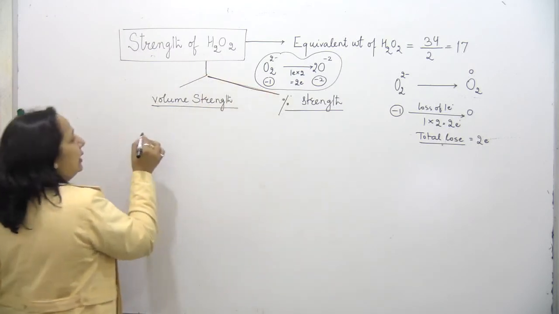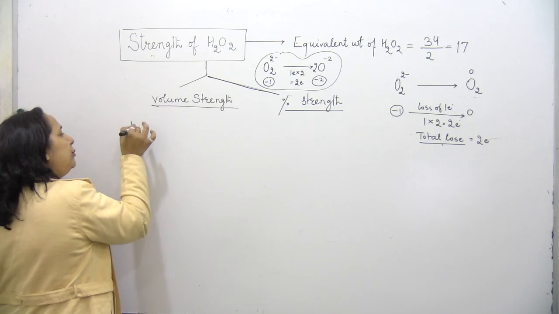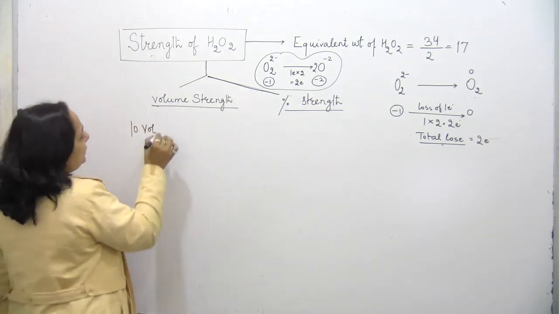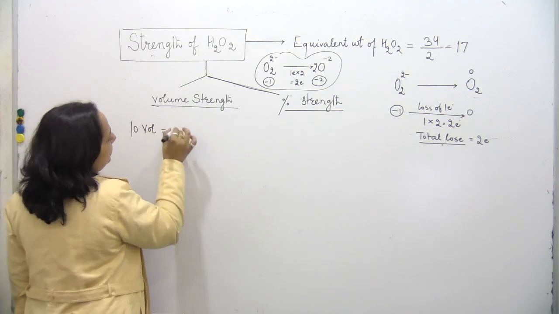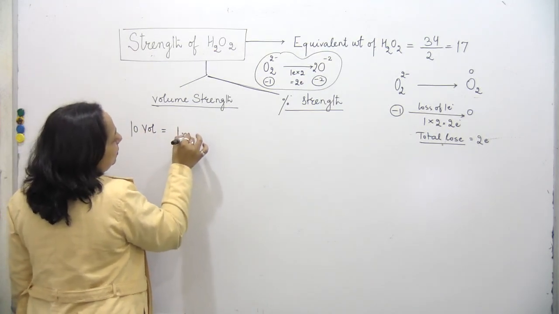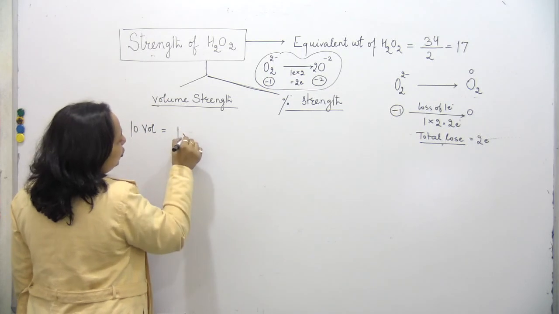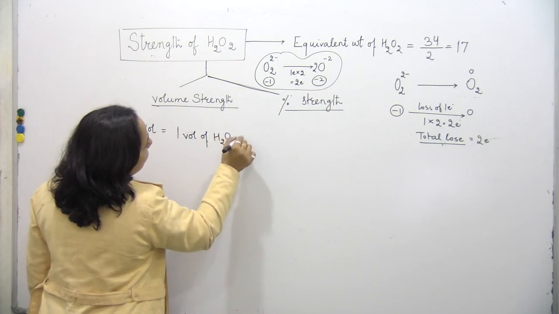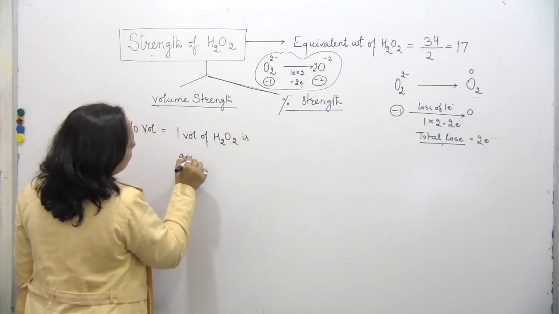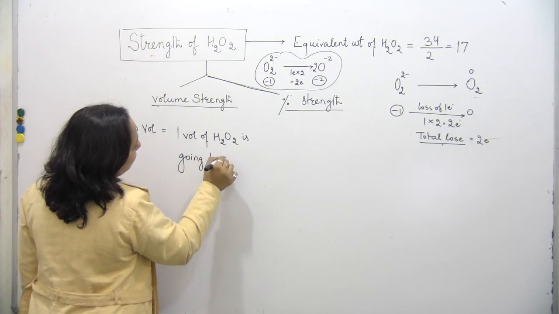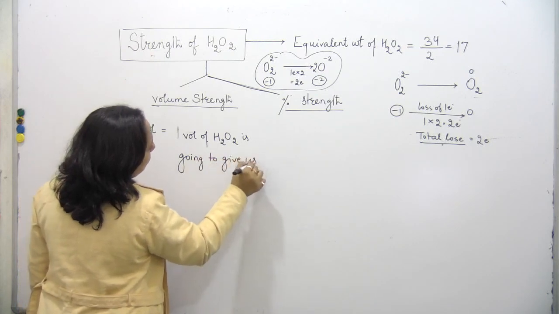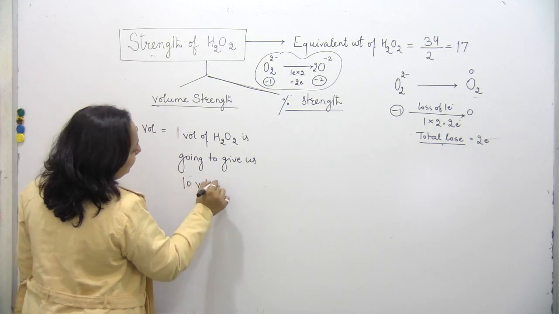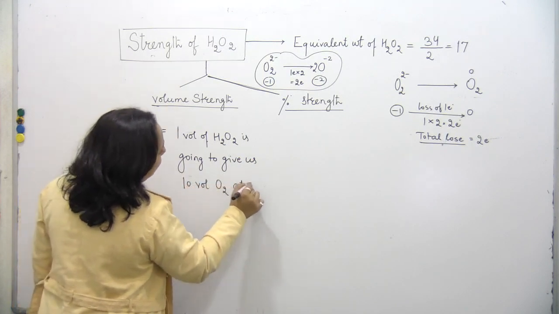Now we have volume strength, and we can understand volume strength by some terms like 10 volume. When we write 10 volume hydrogen peroxide, it means 1 volume of H2O2 is going to give us 10 volume of oxygen at STP.